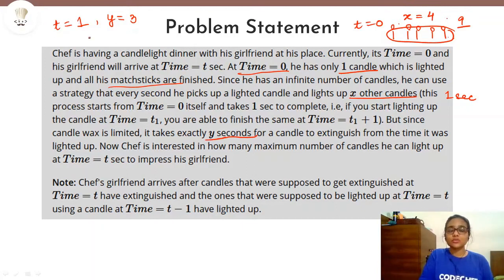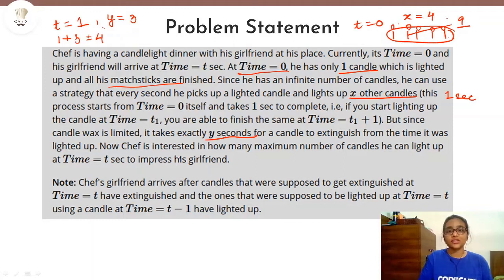So at t equals 1 second, the candles were lit up. After 1 plus 3, meaning at the 4th second, all these 4 candles will get extinguished, because it is given that after every 3 seconds, the candles will get extinguished from the time that they were lit up.